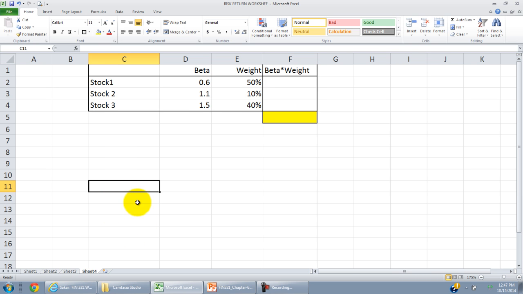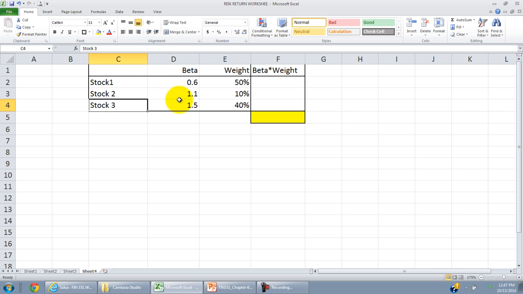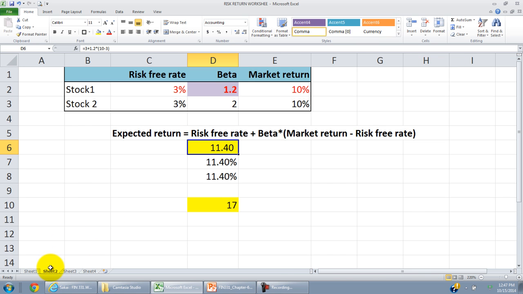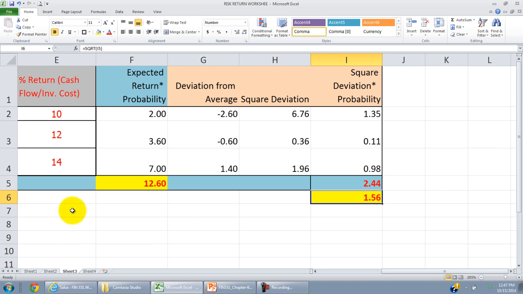Okay, finally, I think there is a question where you calculate the beta of a portfolio. So assuming that you have 3 stocks in your portfolio, stock 1, stock 2, and 3, the beta for each stock is right here, 0.6, 1.1, 1.5, and the weight for each stock in the whole portfolio is 50%, 10%, and 40%, and of course all of them will sum up to 1, right?